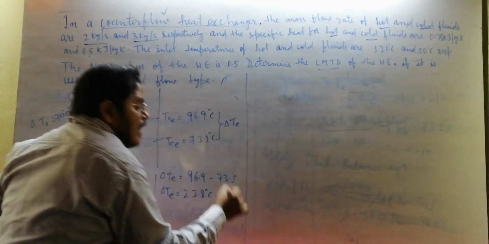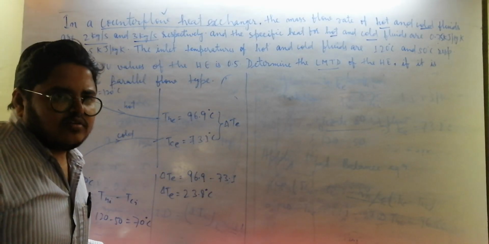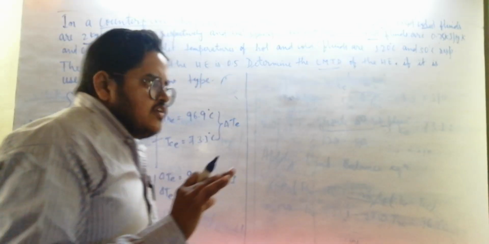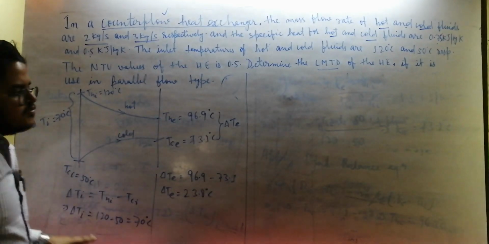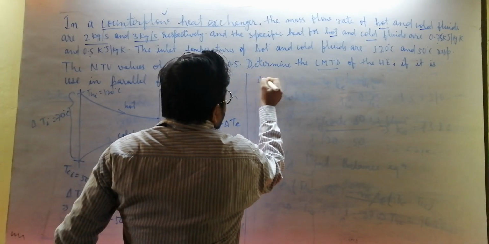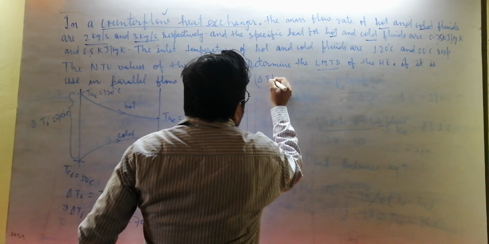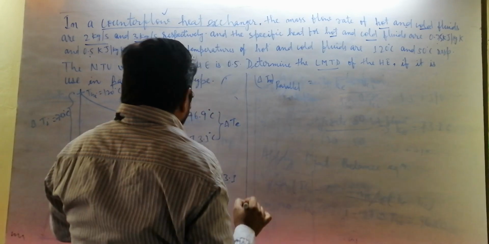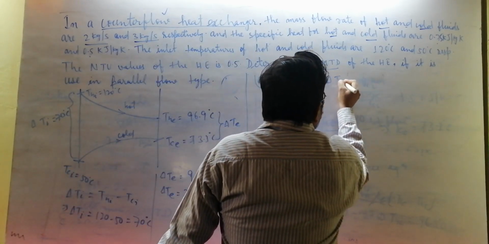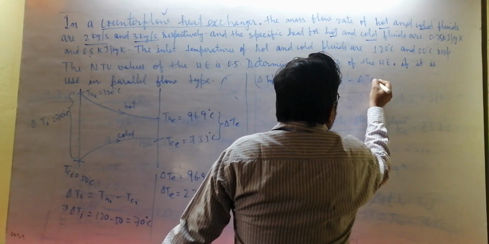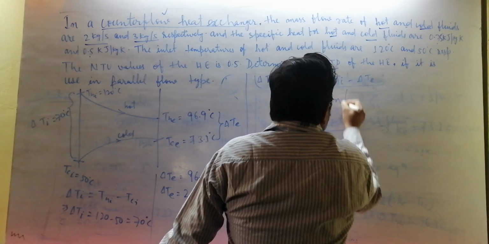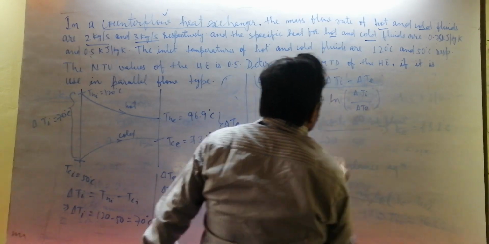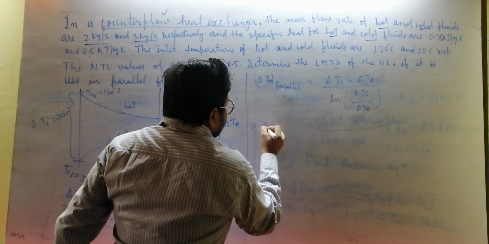Now I am applying the LMTD formula for the parallel flow. For both parallel flow and counter flow, the formula is same. Only the calculation part is different. LMTD for parallel flow, what is that? Del Ti minus del Te divided by ln of del Ti divided by del Te. I am substituting the values.